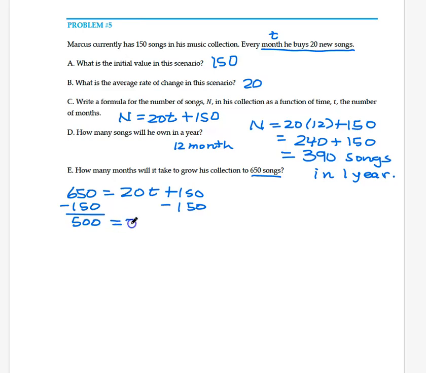So 500 equals 20 times t. Let's divide both sides by 20. 500 divided by 20 gives me 25. But 25 what? We need a label on it. Remember, any word question needs a word answer. t represents the number of months, so it's going to take 25 months to have 650 songs in his collection.